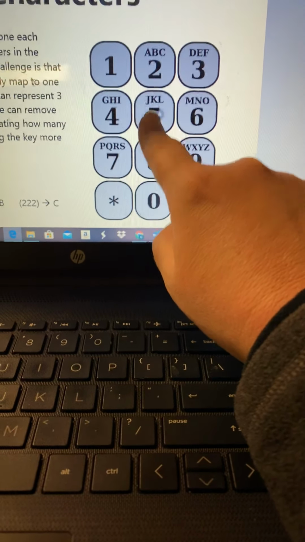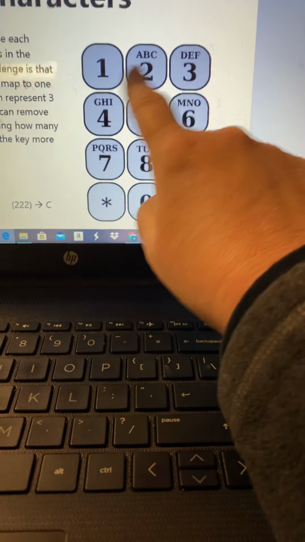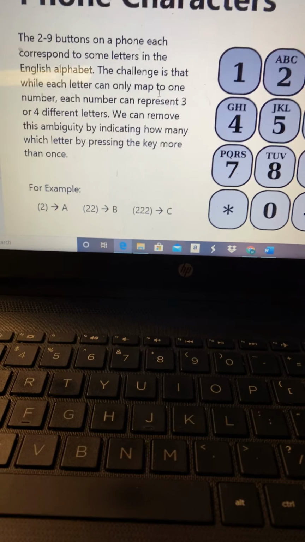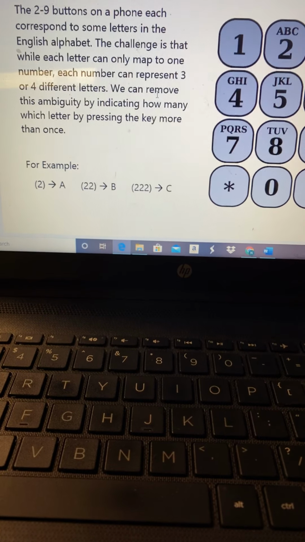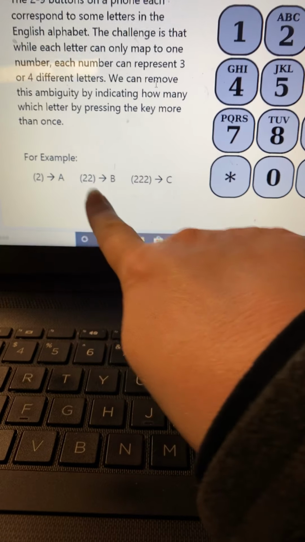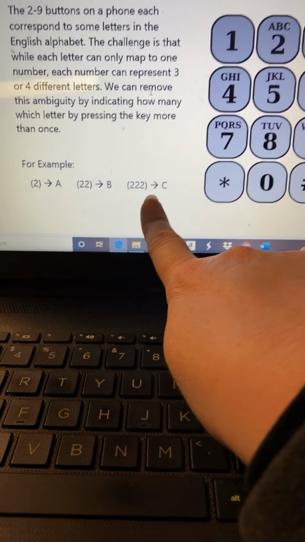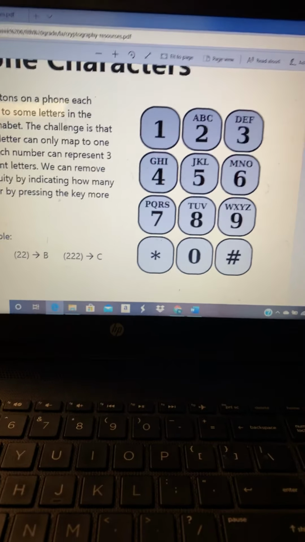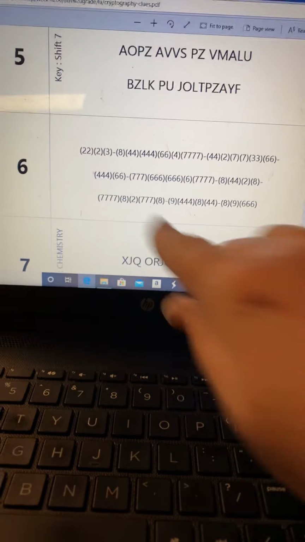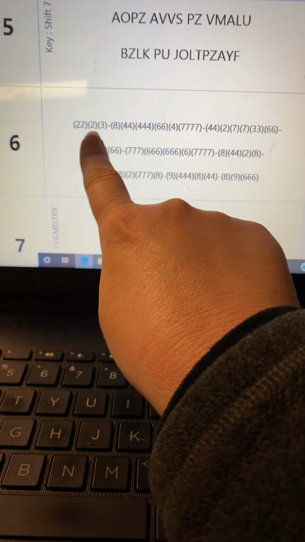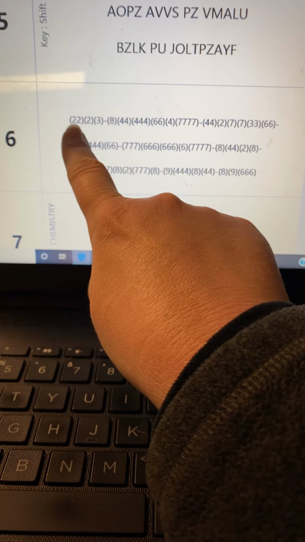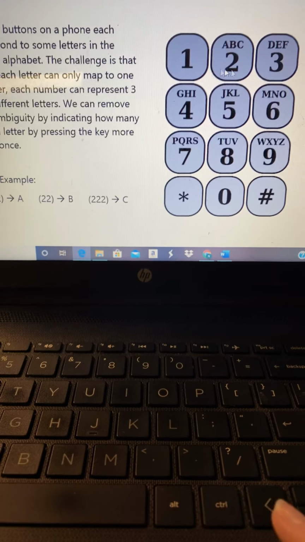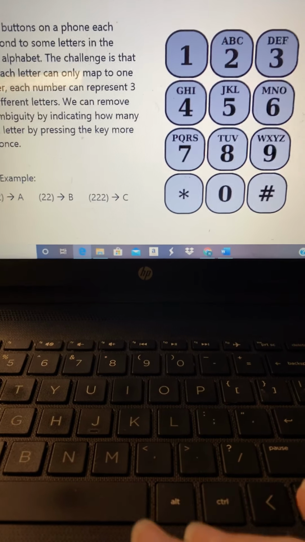Or way back when, you would just hope the person can figure it out. So yeah, it's awesome. Okay. Anyway, so in the phone characters code, A is 2, B is 22, C is 222. So D would be 3, E 33, F 333. So if we look at the cryptography, you've got 22, 2, 3. So that would be B, A, D, right? Yeah, bad. B, A, D. Okay? So that's the phone characters.